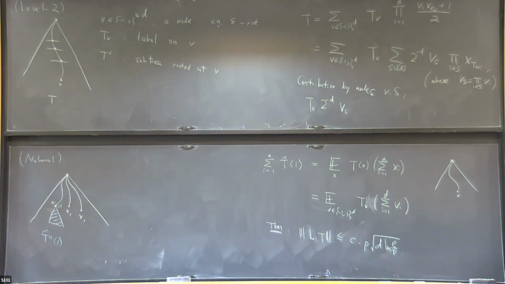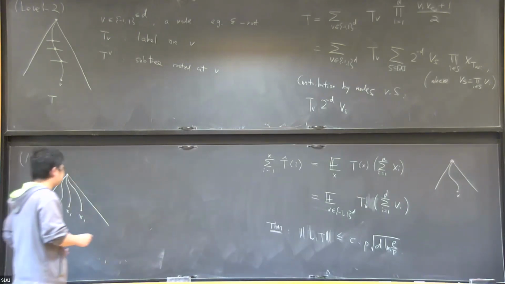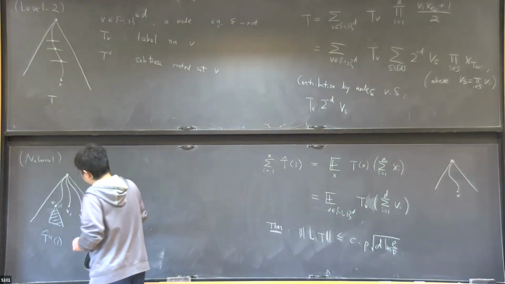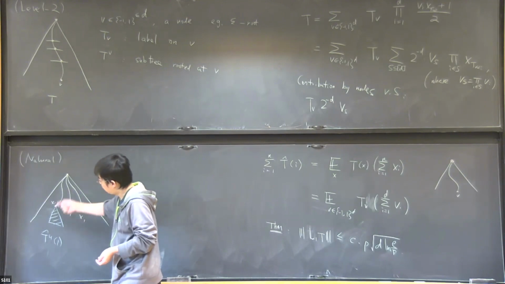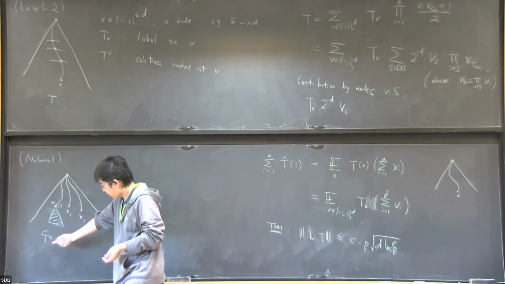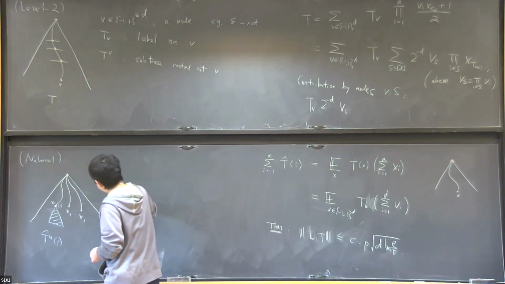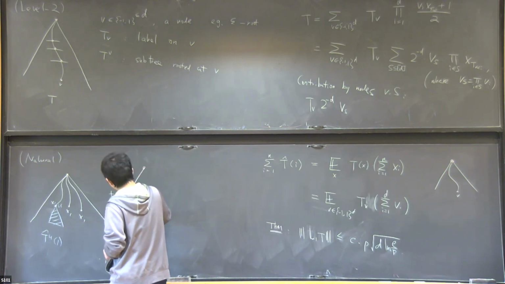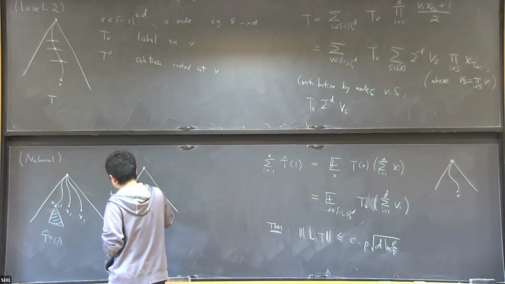So the point here is that now you have a tree whose leaves are labeled by some numbers, and you can write down such trees for other variables, say x2.